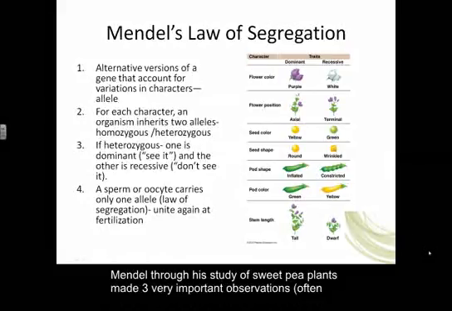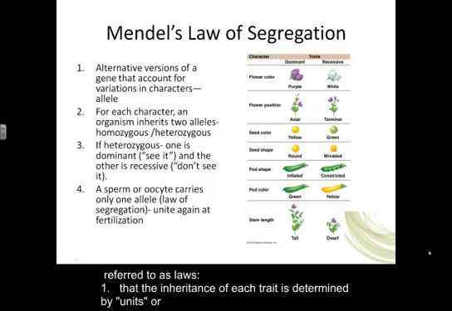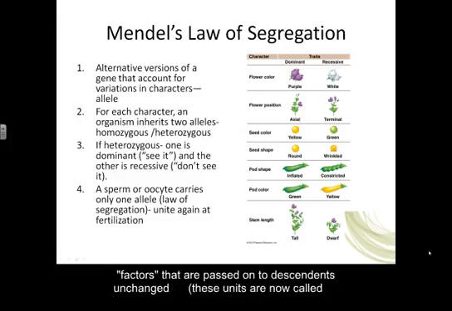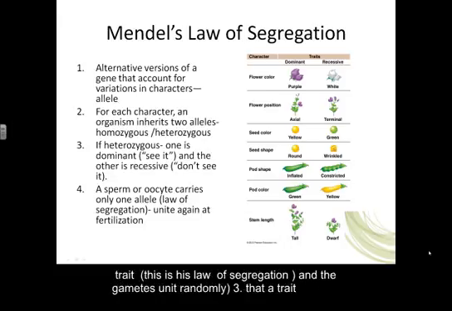Mendel, through his study of sweet pea plants, made 3 very important observations, often referred to as laws. 1. That the inheritance of each trait is determined by units or factors that are passed on to descendants unchanged. These units are now called genes. 2. That an individual inherits one such allele of a gene from each parent for each trait.